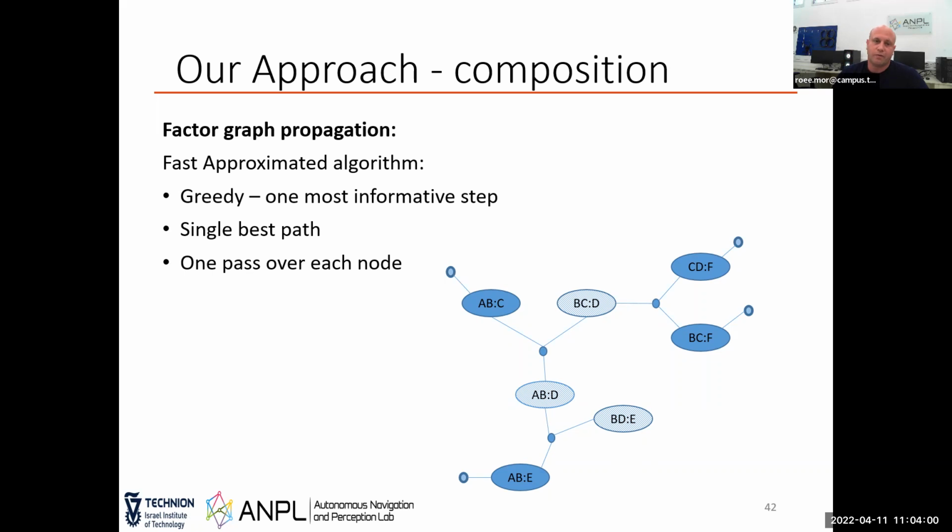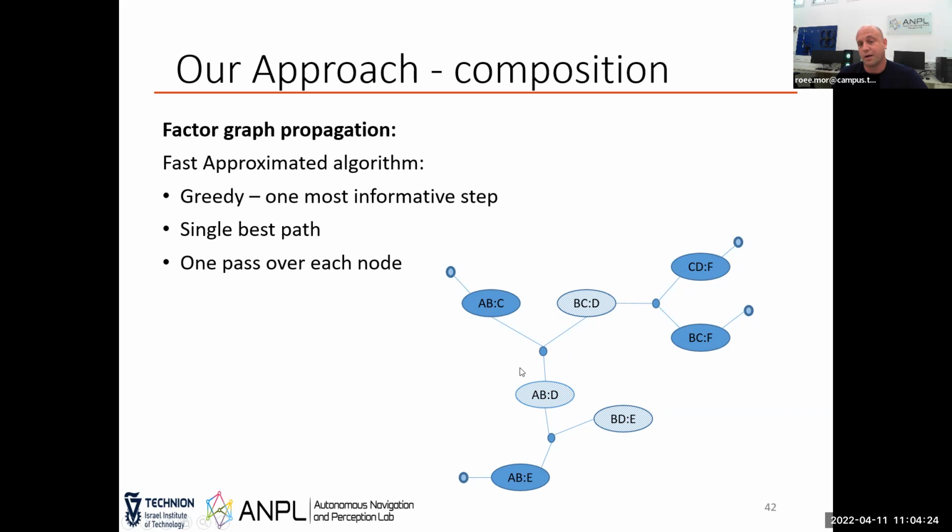So we took an even simpler algorithm. It's greedy. It starts from source nodes. The source nodes are the nodes that have a prior, that have a current estimation. And then we try to propagate data to all other nodes. The algorithm is going to go through each node only once.